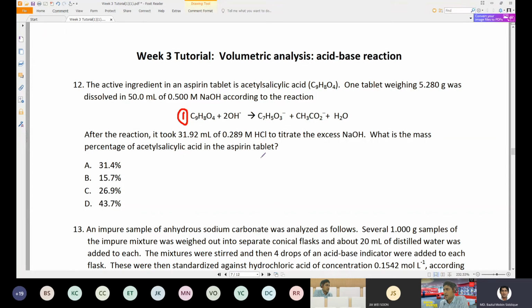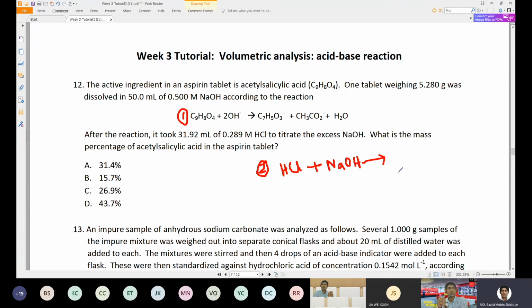After the reaction is done, the remaining sodium hydroxide in reaction 2 is reacted with HCl.